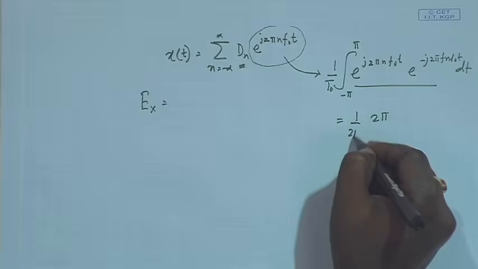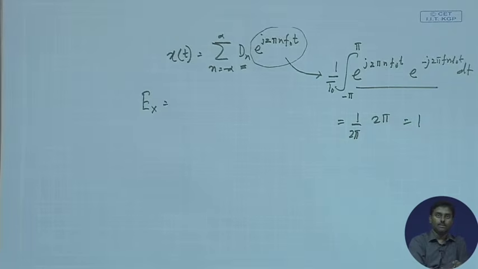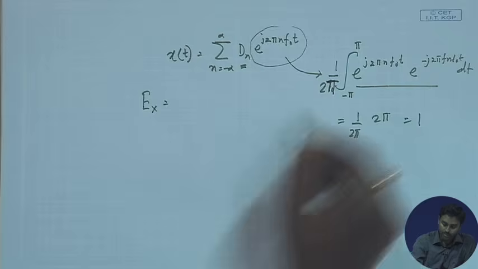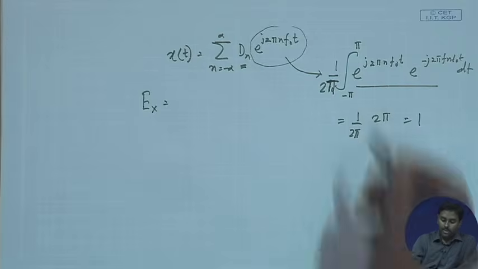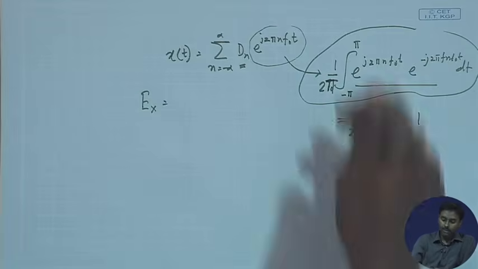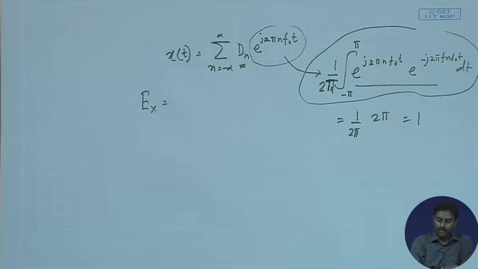The corresponding dn term will always have 1 by T0, which is 1 by 2 pi here, and that gives me 1. So, I evaluate the energy as 1 by 2 pi, integral from minus pi to pi, and I get the individual energy of those signals as 1.